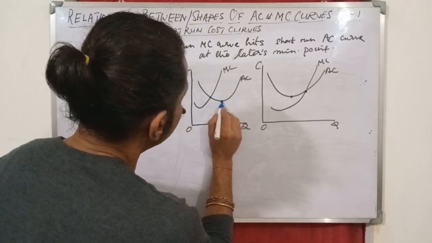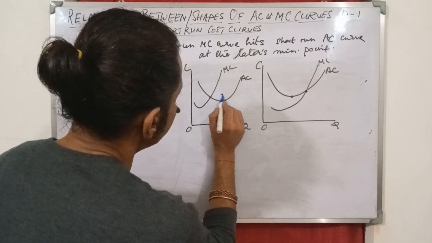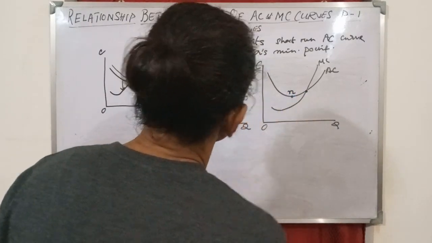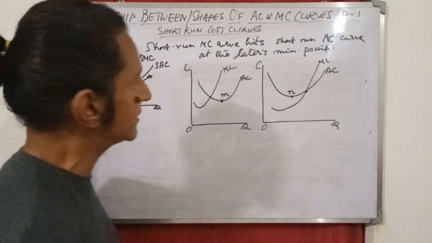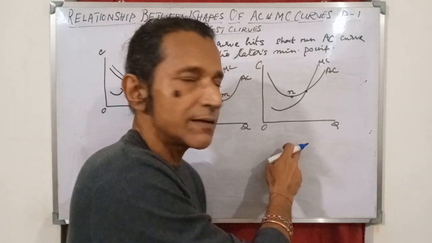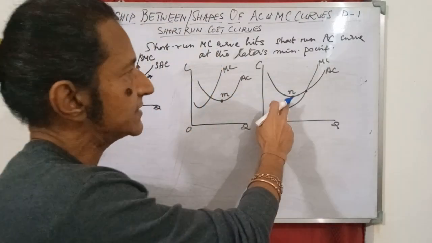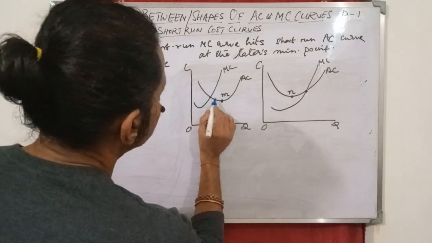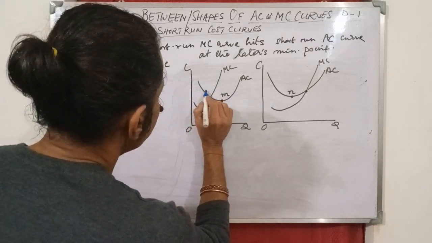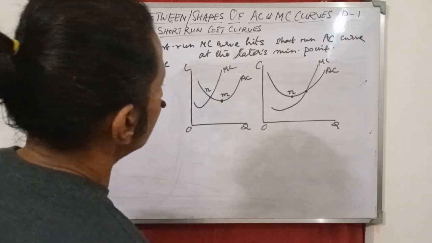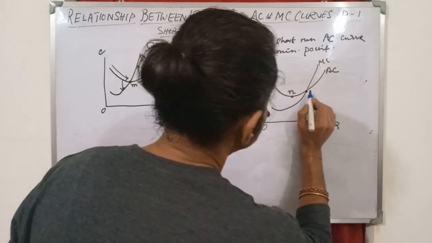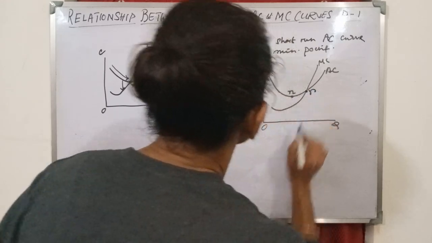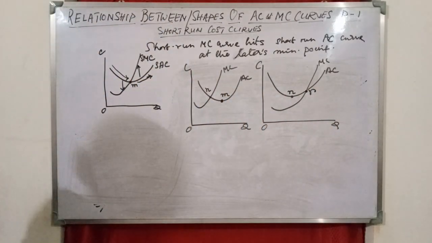Let the minimum point of this average cost curve be M and this is N. In this diagram, the minimum point of AC is M and in this diagram, the minimum point of AC is N. In this diagram, MC and AC are intersecting, say, at point N, and in this diagram, MC and AC are intersecting at point, say, R. Okay.